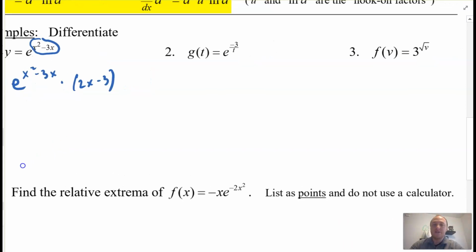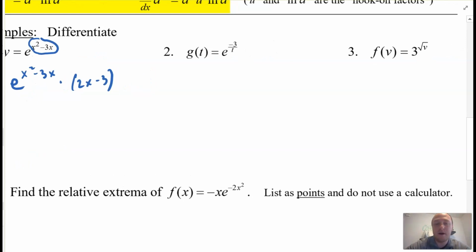Example 2. G of t equals e to the power of negative 3t. I want to first rewrite this as e to the power of negative 3 times t to the power of negative 1.